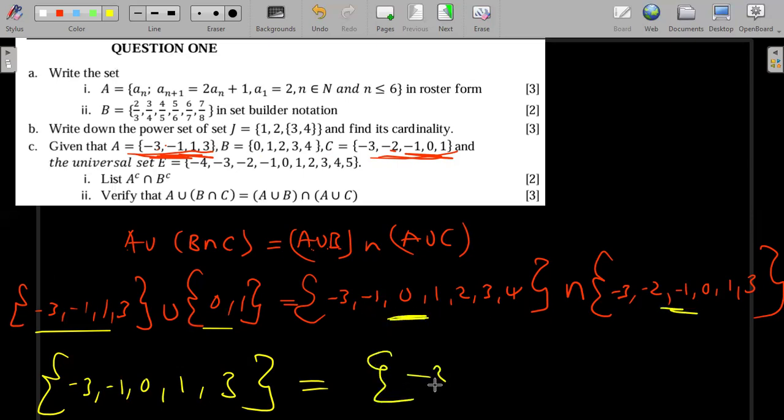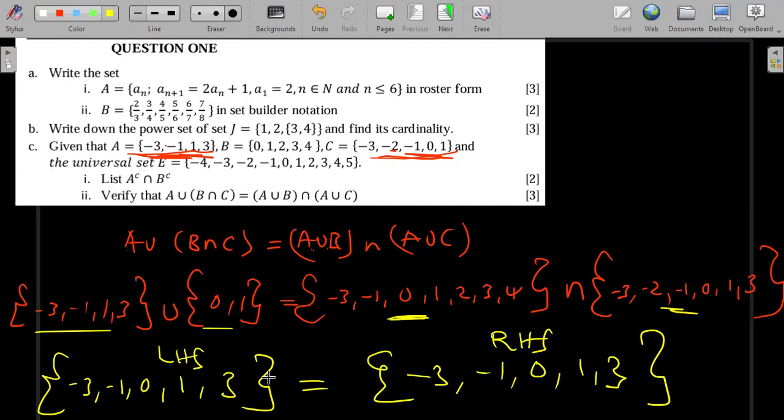I can see -3 is there, -1, 0 is in both, 1 is in both, and then 3. So what do we end up with? What we have on the left-hand side is the same as what we can see on the right-hand side. So it means these are equal. We have proven that this and this are equal. So you write, hence proved.